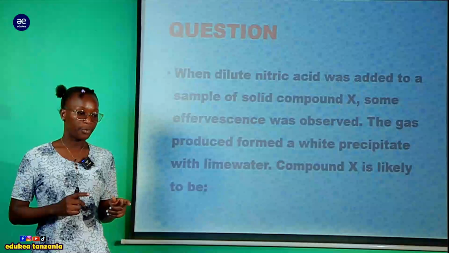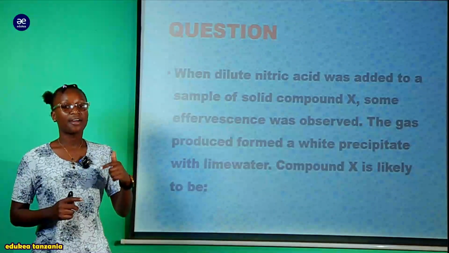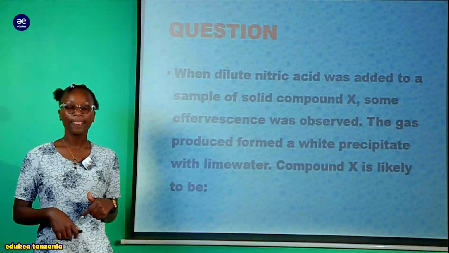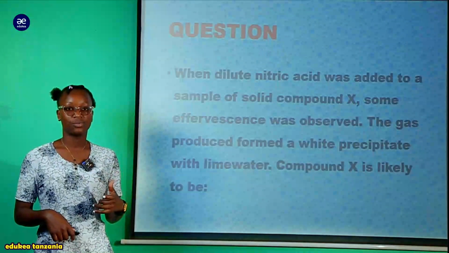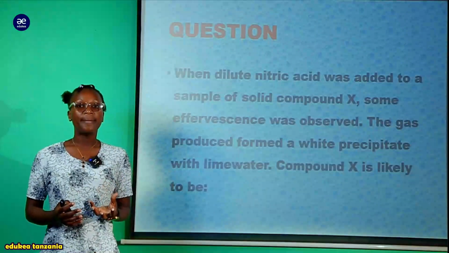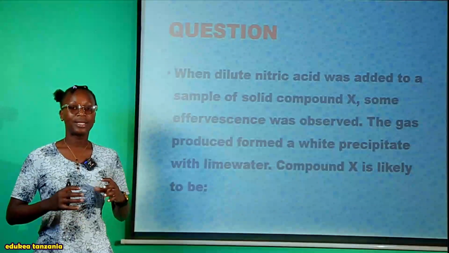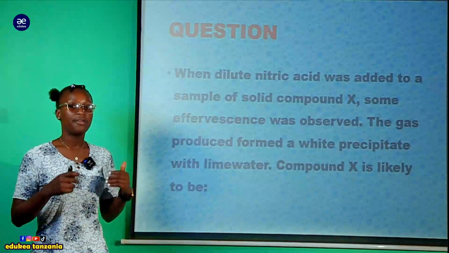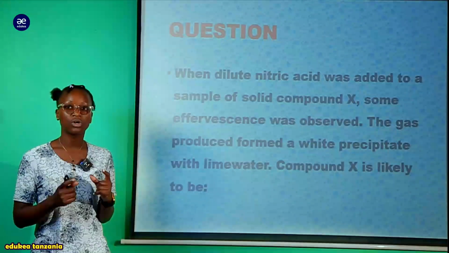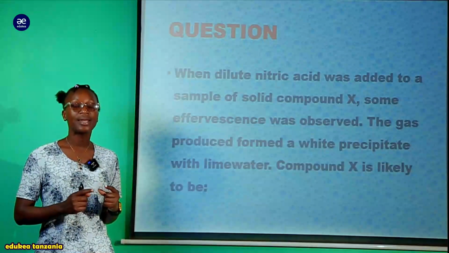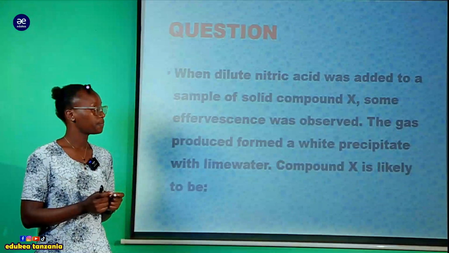Akaichukua ile sample akaweka kwenye test tube, akafanya addition of the dilute nitric acid. Anakuambia kwamba effervescence was observed. Hizi effervescence ni kitu gani? Ni kama vile kitu kinachemka fulani, kinatoa kama bubbles fulani. Ndio hiyo kwa lugha ya chemist tunasema effervescence. Zilionekana, meaning that there is a change and there is some observation.